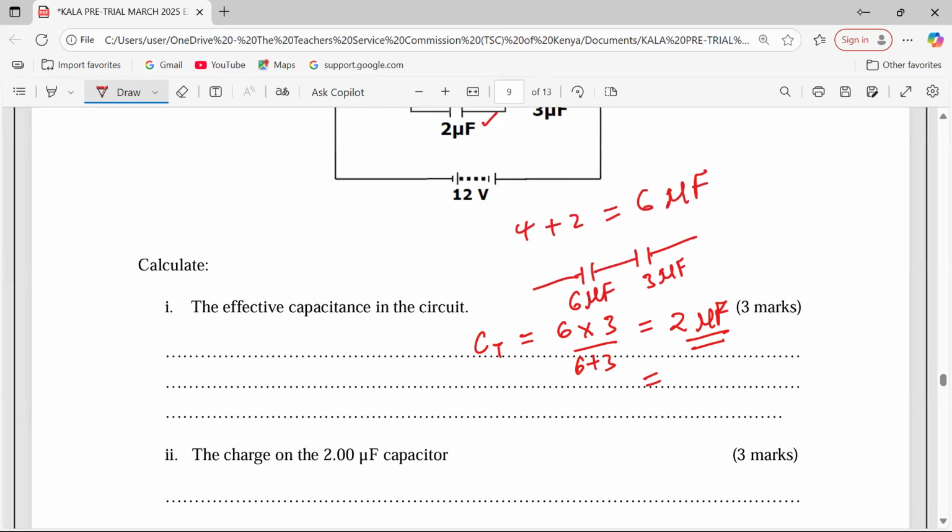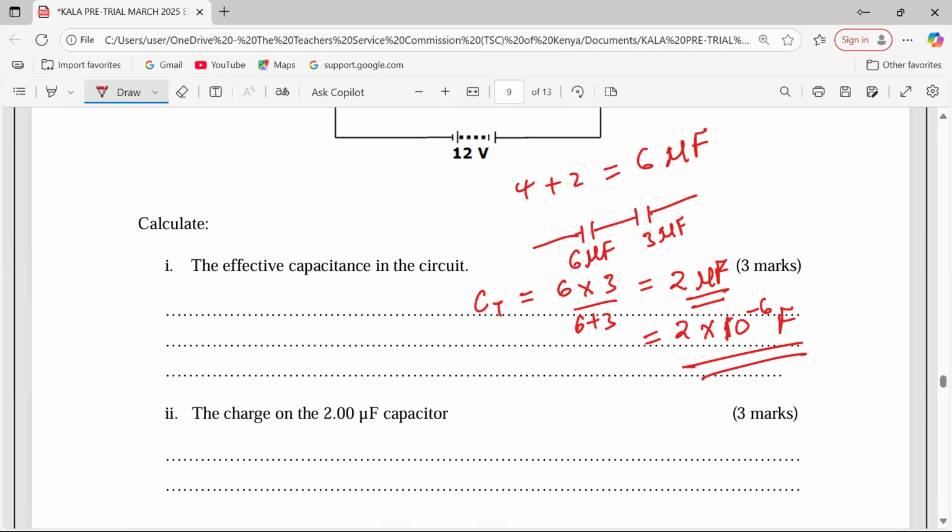This can also be written as 2 times 10 to the power of negative 6 farads, to ensure that you are working with SI units. Instead of microfarads, now we make them SI units.